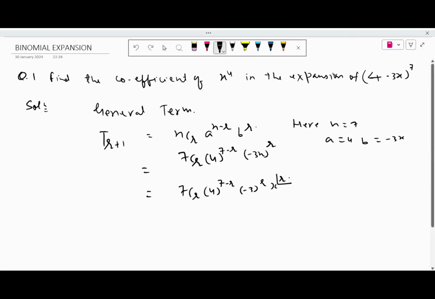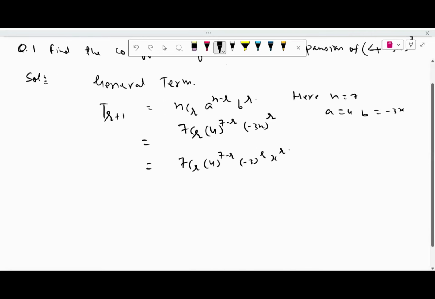Only then can we get x to the power 4, because only the variable x has power r. That means we have to take r equals 4.